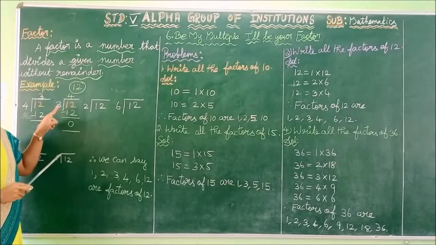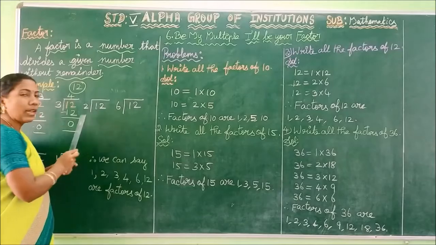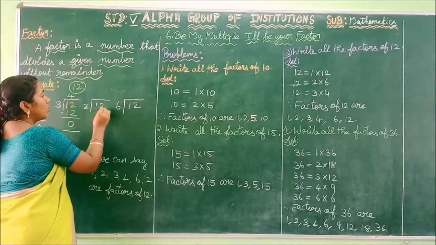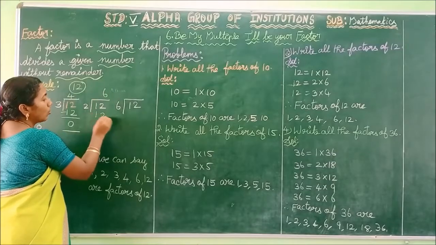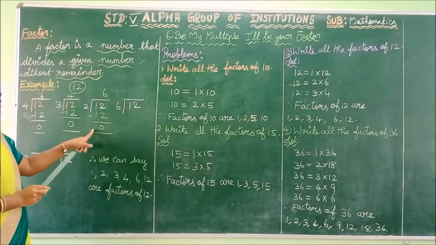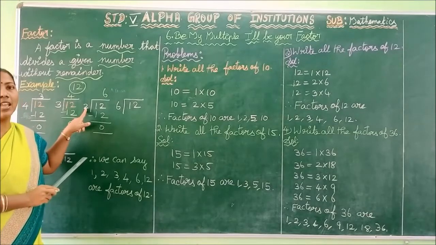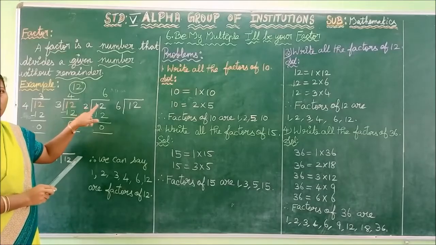The given number is 12, so we can say 3 is a factor of 12. Now I am going to divide 12 by 2. 6 2s are 12, so what is your remainder? 0. Remainder 0 means the divisor is a factor, so 2 is a factor of 12.